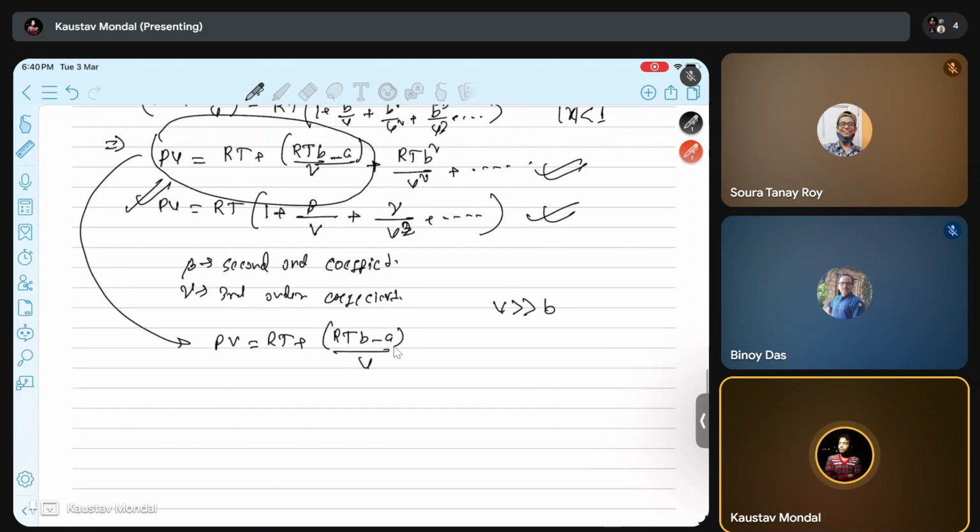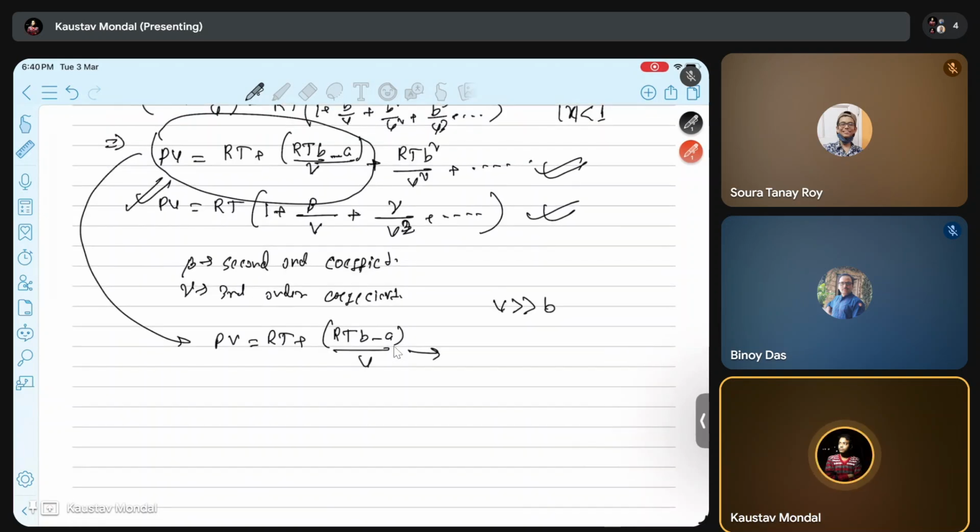Now from this equation, what is the condition to get back the ideal gas equation? To get back the ideal gas equation, you have to equate this term equal to 0. That means B minus A by RT equal to 0, so T would be A by RB.